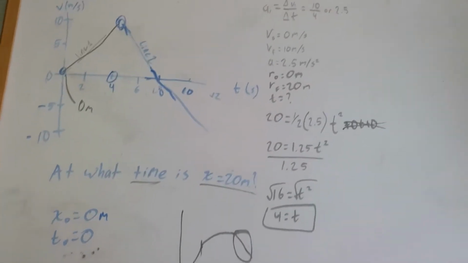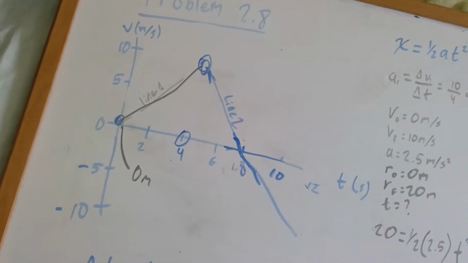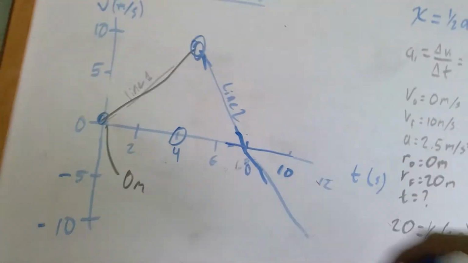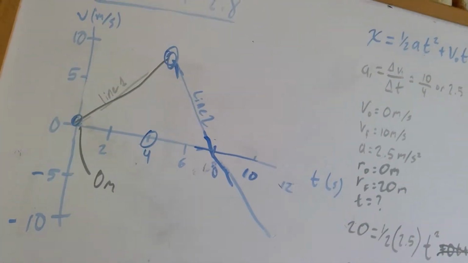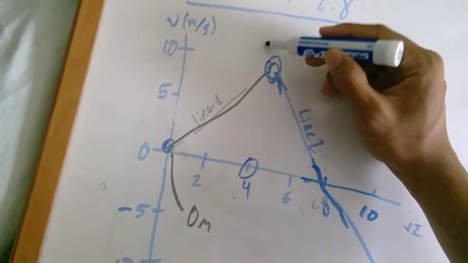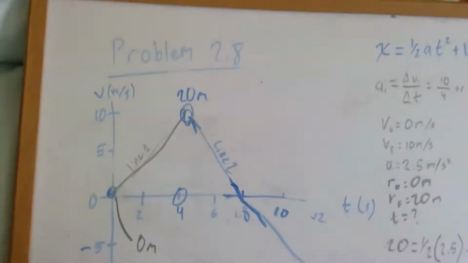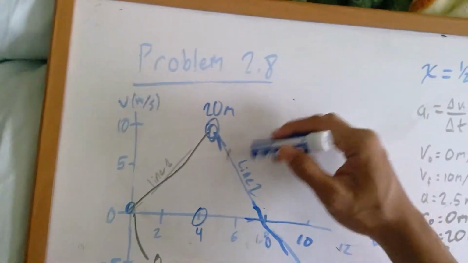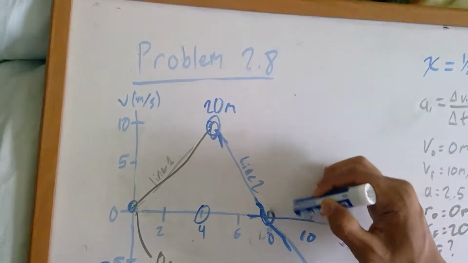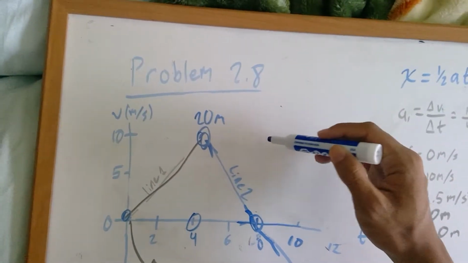Now we're left with the second line, where we're trying to find at which point on this line the position is going to be 20 again. We know that at the top of the line it's going to be 20 meters. We also know that this whole line right here, from 4 to 8 seconds, has a positive velocity, meaning it's going up.